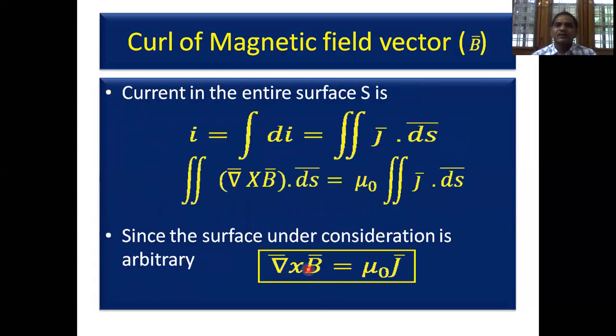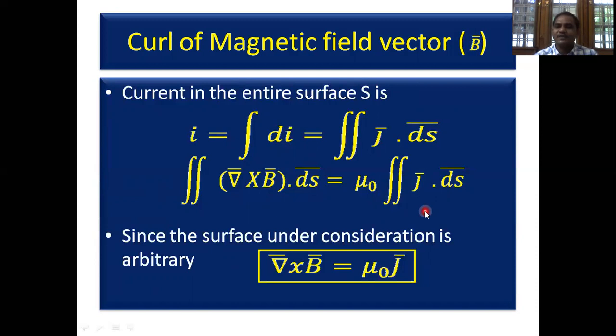Okay. So now I is the integral of di, that equals surface integral of j bar dot ds bar. Substituting this in the above equation, surface integral del bar cross b bar dot ds bar equals mu naught into surface integral j bar dot ds bar.